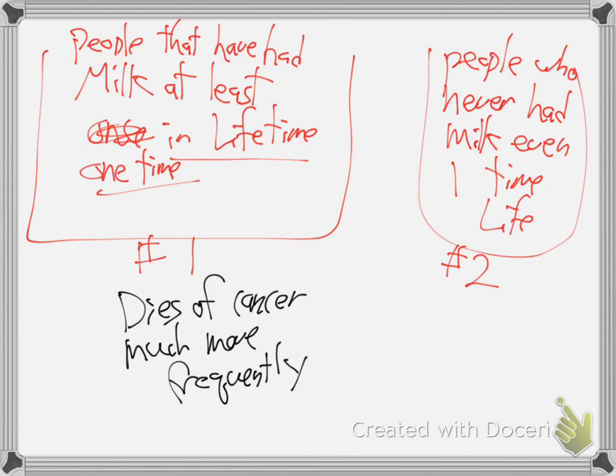The group that has had milk at least once, even if you don't regularly drink it, versus people that have never had it, never touched the stuff, never had it even once in their life. This group over here, the milk drinkers, die of cancer way more frequently. That's true. So what does that mean is the question. That's a true fact.